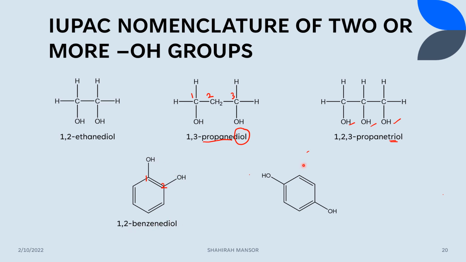So 1,2-benzene diol, or the alternative name you can use is ortho-benzene diol.